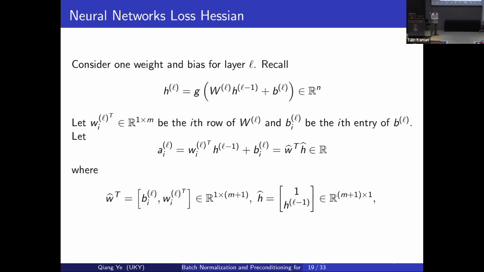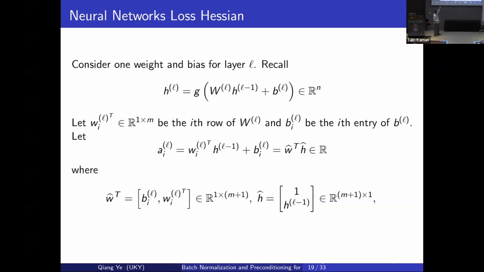So let's look at one layer, and one row of the weight matrix W^L. Call that W_i. The notation is going to be very complicated, but just bear with me. W_i^L transpose is the i-th row of W^L, and b_i^L is the i-th entry of the bias.